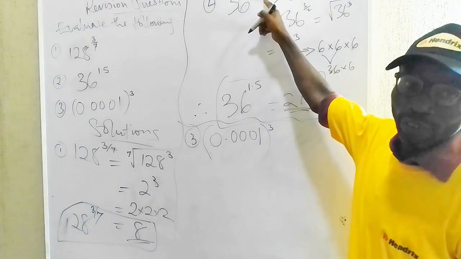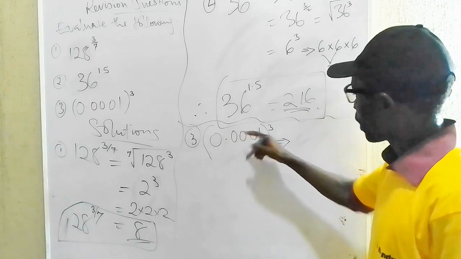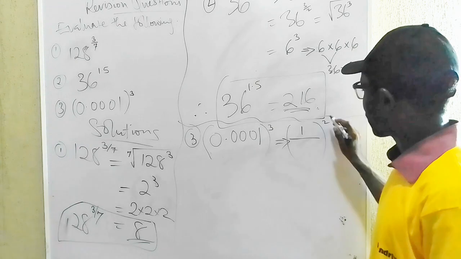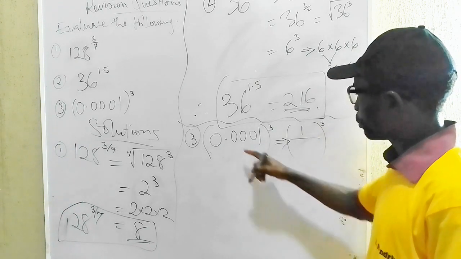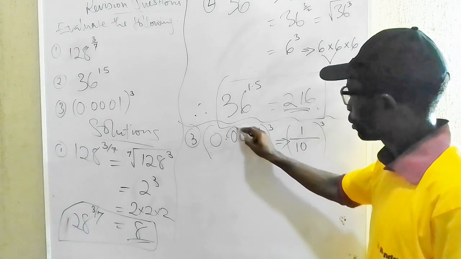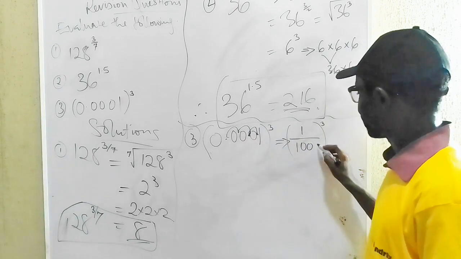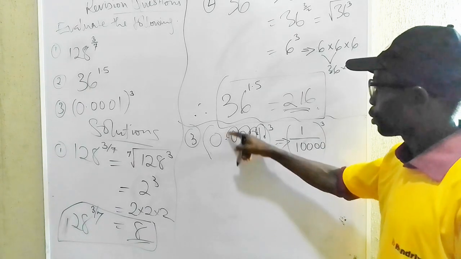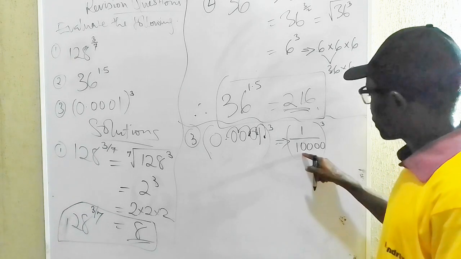If I do the same way we've done this, we move the decimal point: 1, 2, 3, 4. So it becomes 1 over 10 to the power of 4.